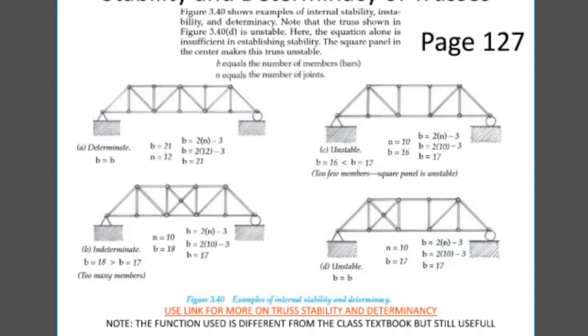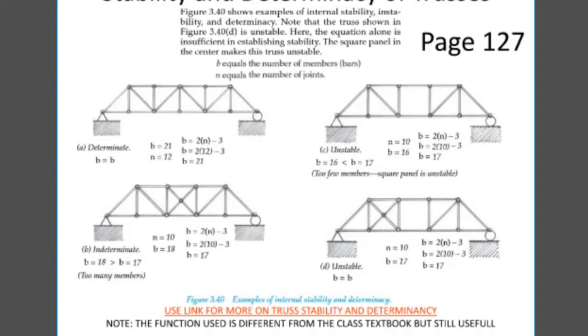Here, the equation alone is insufficient in establishing stability. The square panel in the center makes the truss unstable. Once again, we are looking at the function where b equals the number of members or bars and n equals the number of joints. In image A, we find that b equals 2n minus 3. Therefore, the truss is determinate.